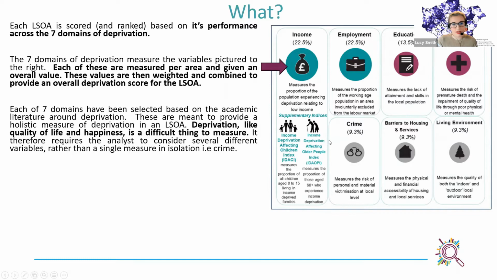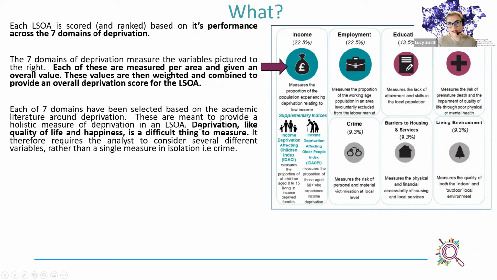So a lot of academics have decided that these are the best ways to measure deprivation in an area, and so the statisticians in the government use these measures, and they weight them in a particular way as well, so that one that's considered to have less of an impact on deprivation isn't weighted so heavily, and then something like income, for example, which would have quite a big impact on deprivation, is weighted more heavily.